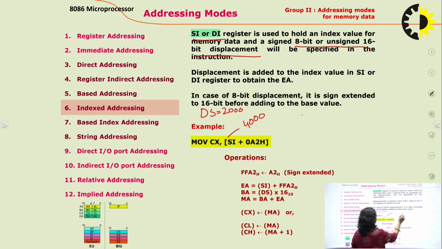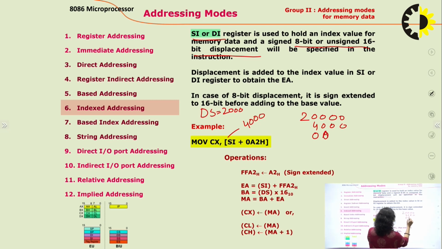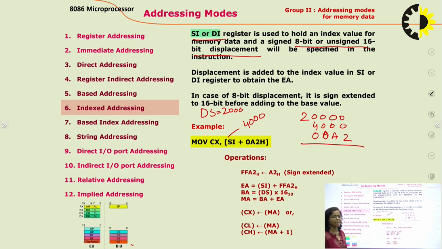So, the address will be 2000 into 10 plus 4000 plus 00A2. So, the physical address will be 2A042. This instruction will copy this address value to the CL register and address plus 1 value to the CH register in the same way.